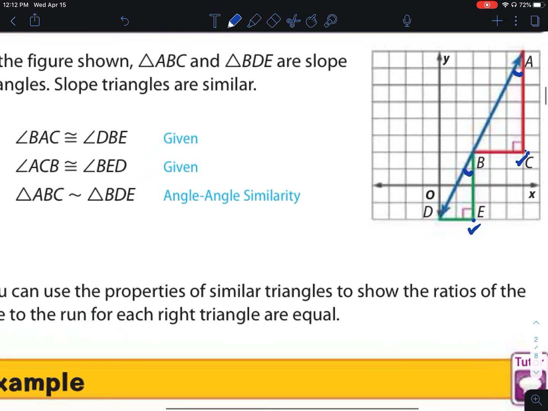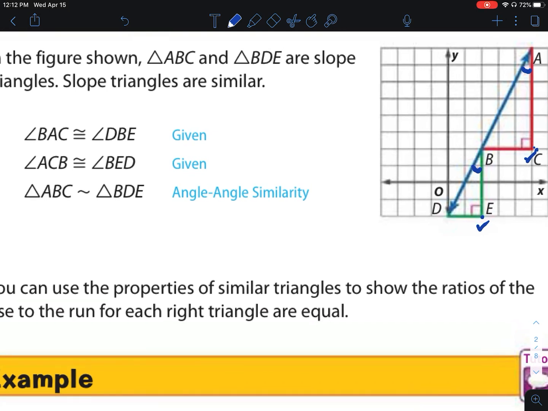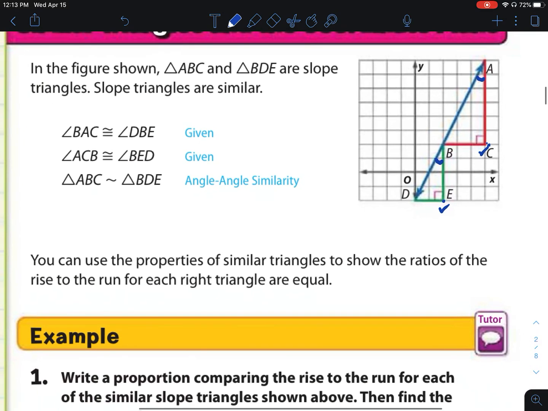In our last lesson, we found out that if two triangles have two angles that are congruent to each other, then the two triangles are similar to each other. So in this case, angle BAC is congruent to angle DBE, and angle ACB, which is a right angle, is congruent to angle BED, which is also a right angle.